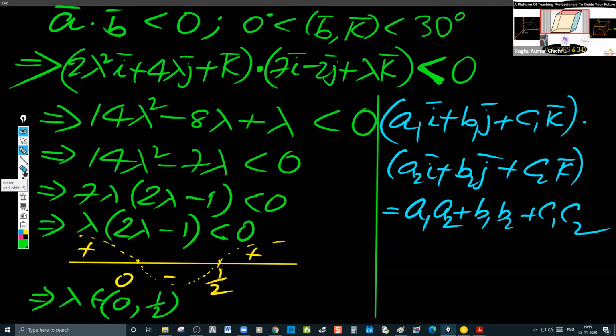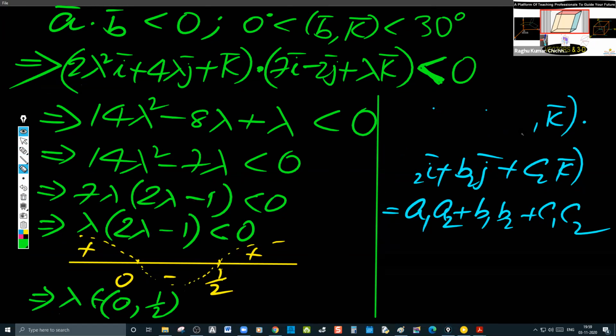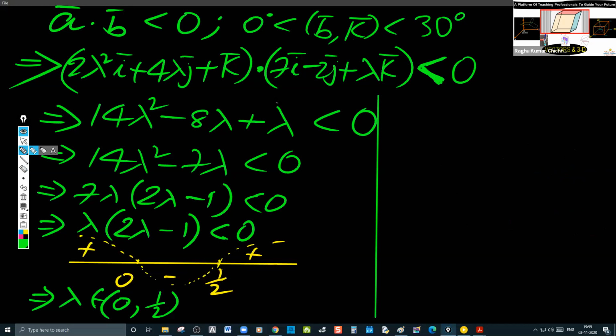understand, Kaushik, sir, are you there? Just see that. What is the meaning of B dot K angle? Angle between B bar dot K bar less than 30 means, what does it mean? See, your B bar dot K bar, let me write B bar dot K bar.